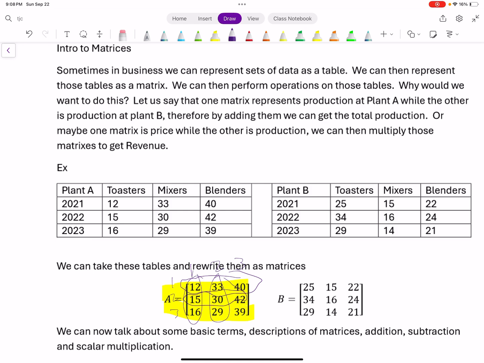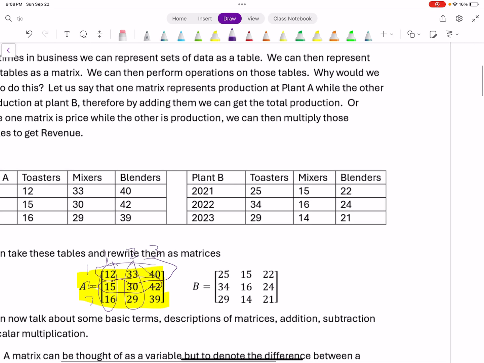And then we can do the same with matrix B. So matrix B in 2021 made 25 toasters, 16 mixers, 22 blenders. 2022, it made 34 toasters, 16 mixers, and 24 blenders. And 2023, it made 29 toasters, 14 mixers, and 21 blenders, and we represent that as matrix B right here.